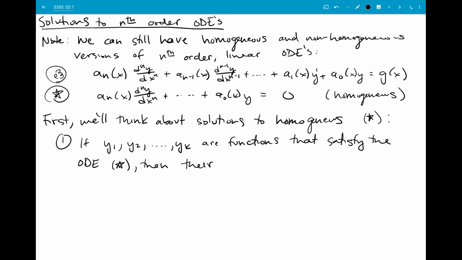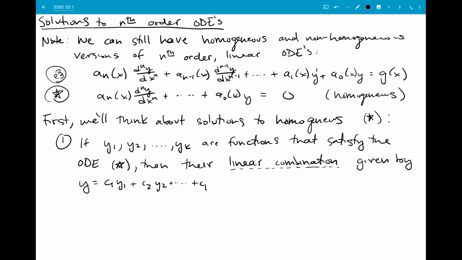Then the thing you make out of these functions called a linear combination, which if you haven't heard that word recently, like taking linear algebra or something like that, is just some y equal to c1 y1 plus c2 y2 down through ck yk for any c1 through ck.